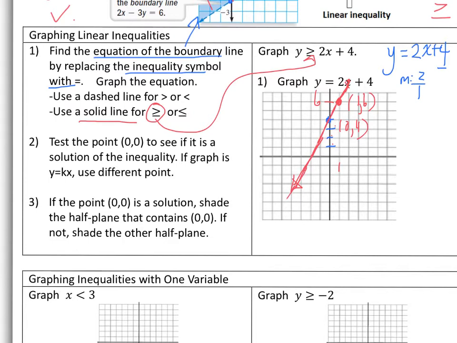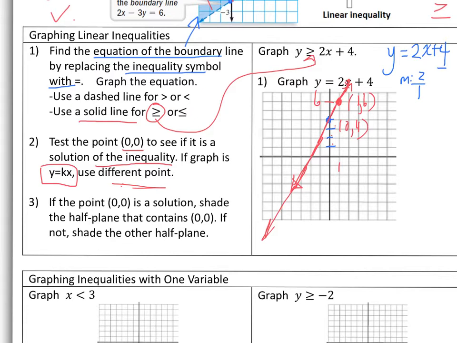And now I need to find out if I should color in the left hand side or the right hand side. So step 2, I'm going to test the point 0, 0 to see if it is a solution of the inequality. If the graph equals y equals kx, we need to use a different point. I will show you this in a bit.